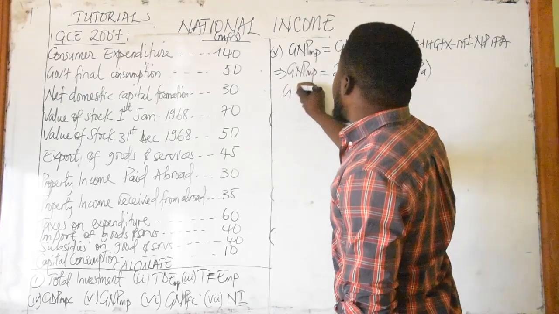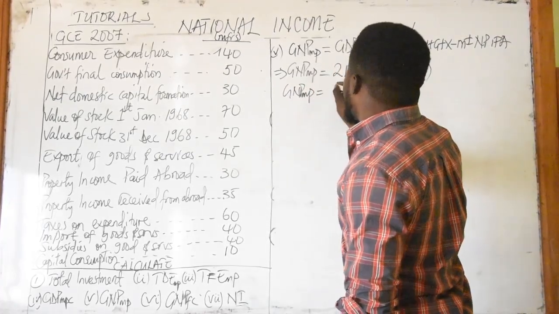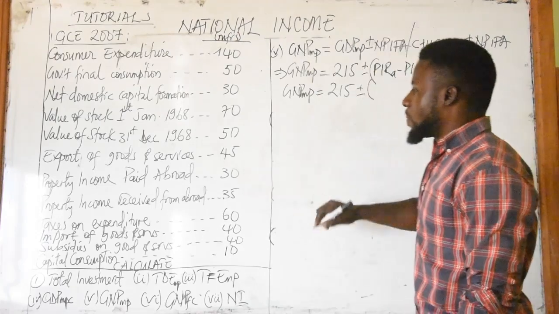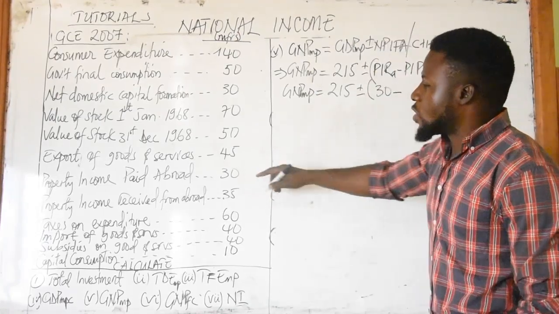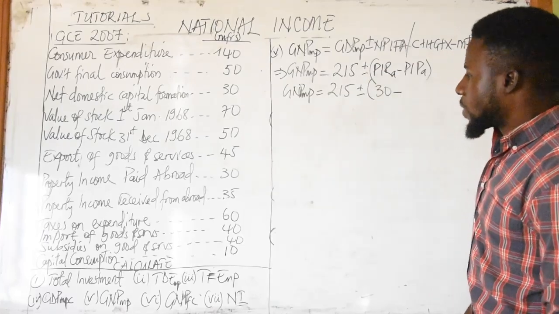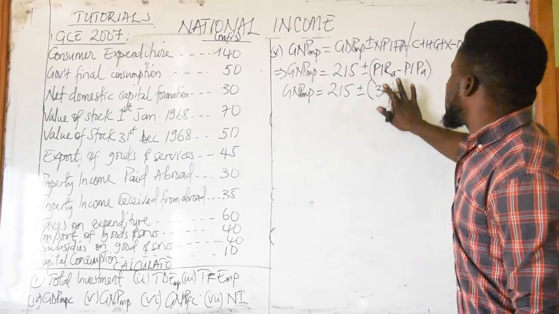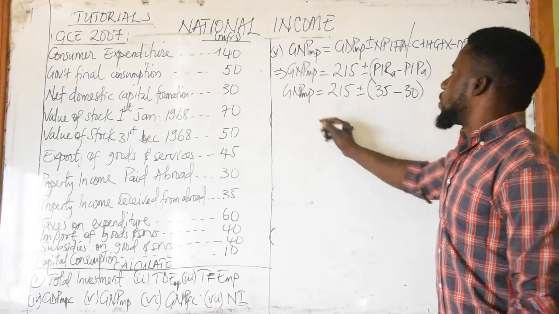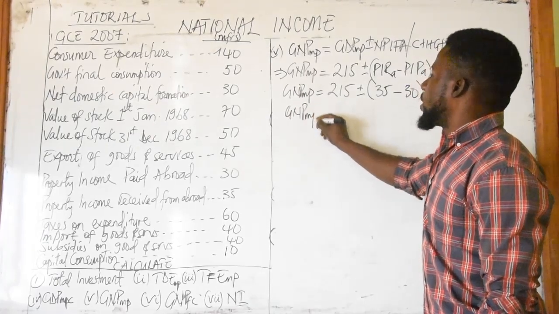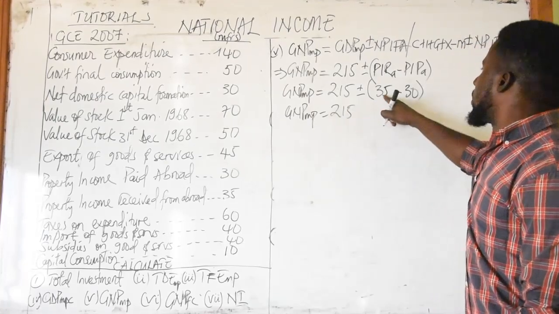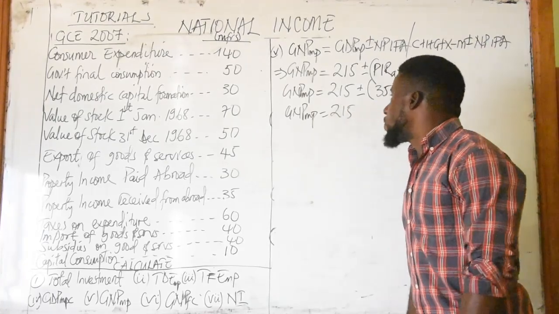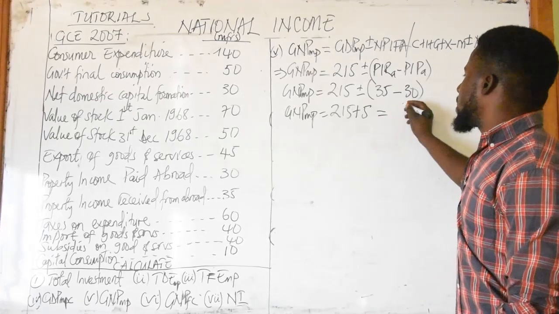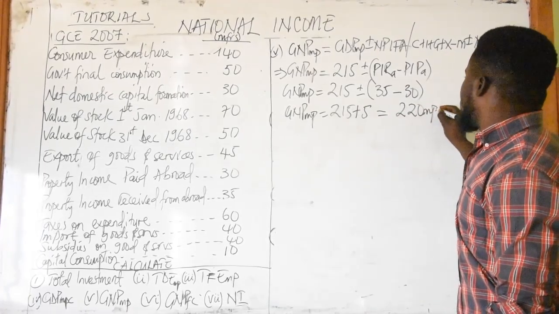So what we do here is we say GNP at market price is equal to 215, which is our GDP, plus or minus property income received from abroad, 35, while property income paid abroad is 30. Alright? So this gives us our GNP at market price 215. 35 minus 30 gives you 5, which is positive. So the positive sign overrides. So we have plus 5. Your final answer is 220 million francs.